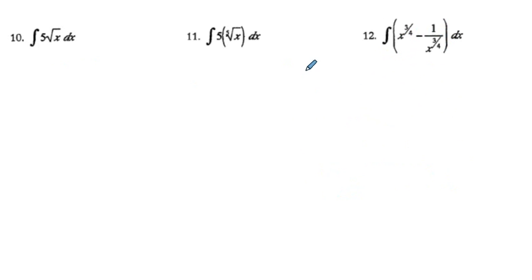So just rewriting this in friendly form, we put the integral of x to the 3/4 power dx, minus the integral of, in the denominator x to the 3/4 power is going to be in the numerator x to the negative 3/4 power dx.